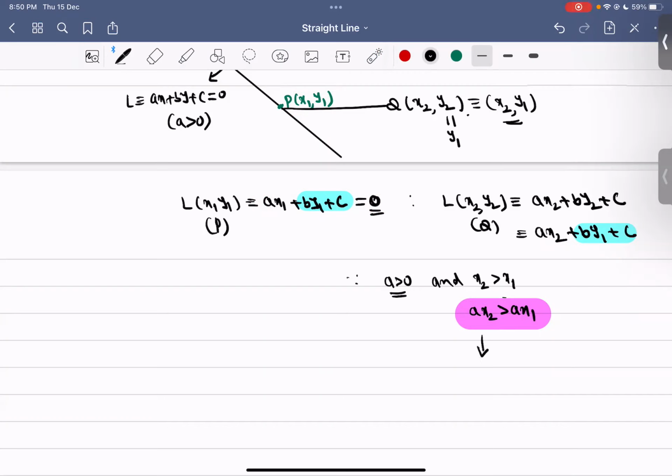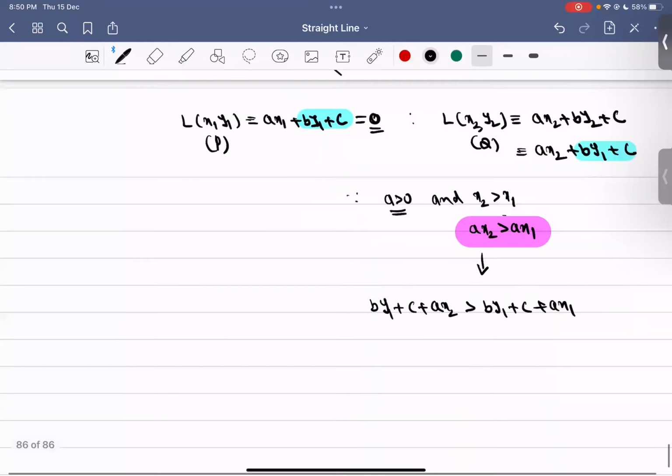Otherwise, you can say it like this also. Add by1 plus c to both sides. So ax2 plus by1 plus c is greater than ax1 plus by1 plus c.